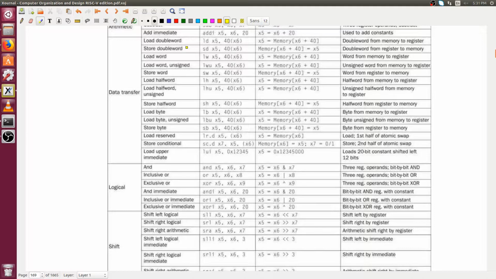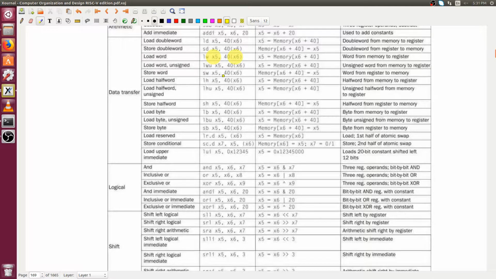So here, we're going to say load a word from a piece of memory at this location with some offset, and then load whatever is stored there into X5.